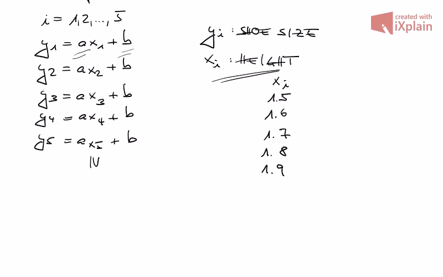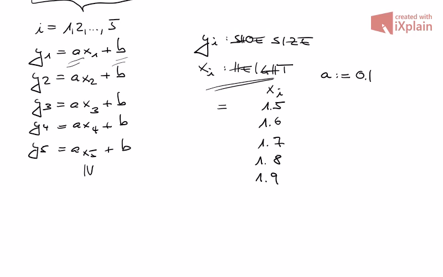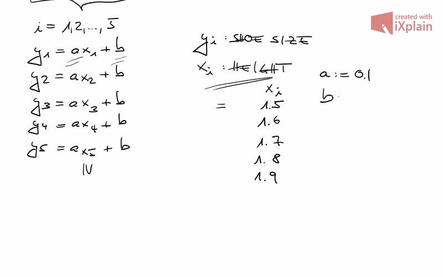Let's say a we define as 0.1, so 1 over 10, so that it's relatively simple if we now want to evaluate y1. So what do we get for y1? I haven't told you what b is. Let's say b is 0.02.